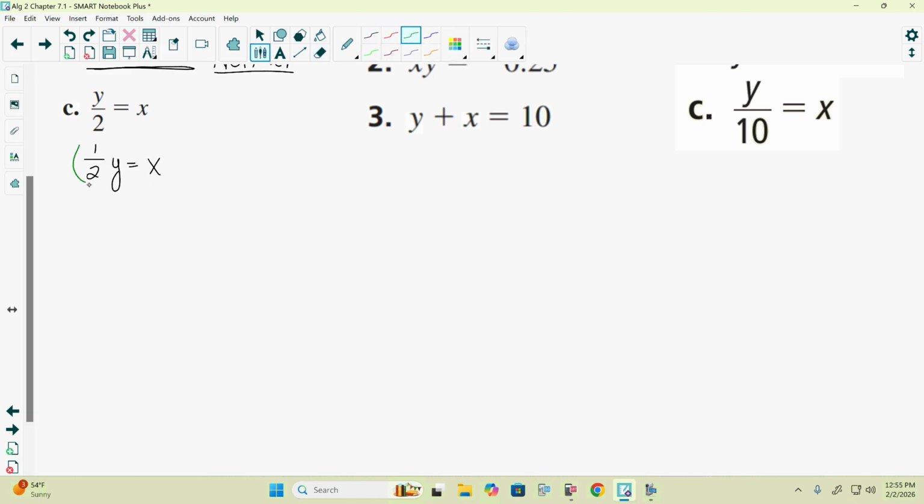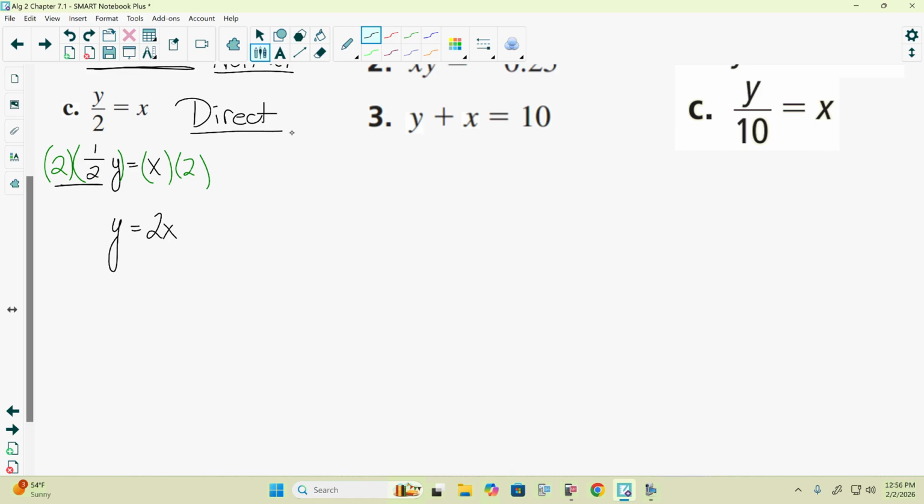Or I can get y by itself. We can multiply both sides by 2. Because if I multiply both sides by 2, 2 times 1/2 is 1, so we do get y by itself. On the right-hand side, x times 2 is 2x, y equals a times x. This indeed would be direct.